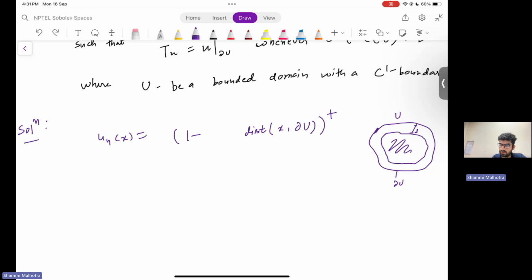But since I want something whose L^p norm tends towards 0, I will multiply the distance by n here. So instead of distance 1, it has distance 1 by n. Anything outside 1 by n will have value 0.